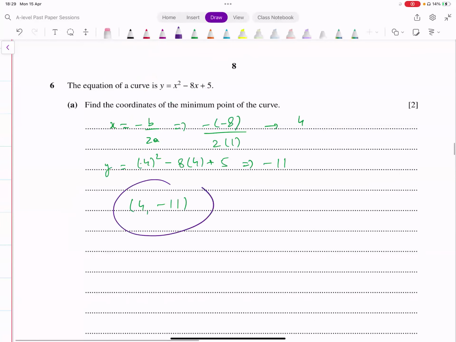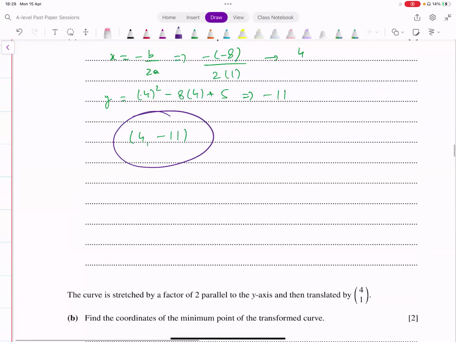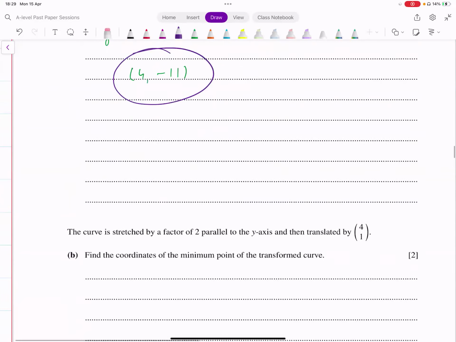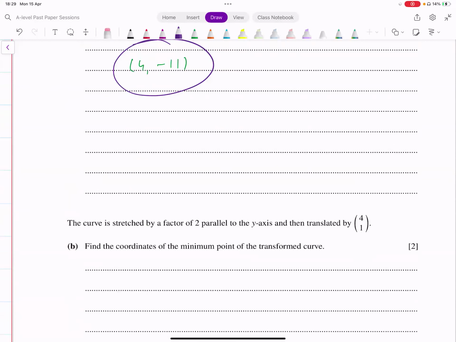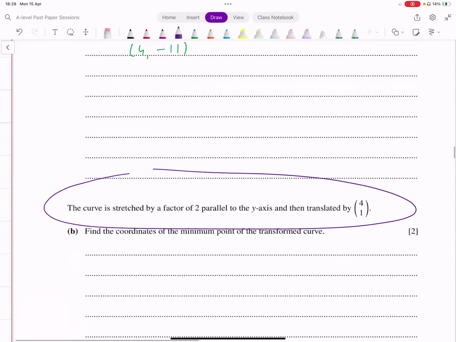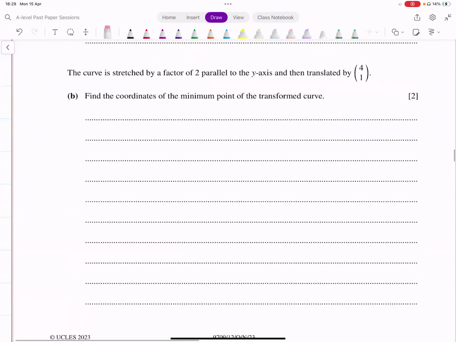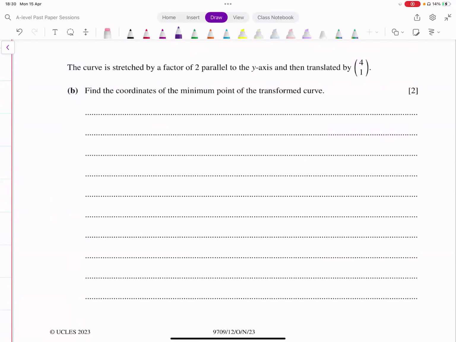This is the turning point. After applying those transformations, it's going to move to some other place. Where exactly is this going to move? Let's think of them one by one. What's the turning point originally? It's 4 and minus 11.